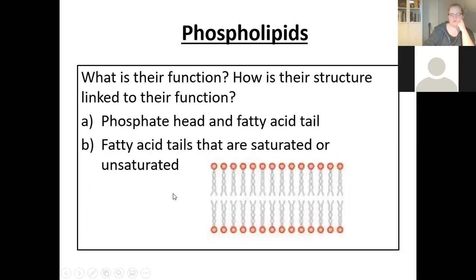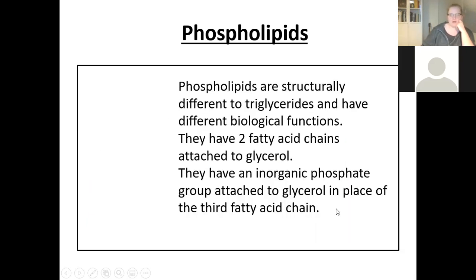So they are sometimes drawn as we've got our glycerol, and this is really badly drawn. We've got a fatty acid coming off, a fatty acid coming off, and then we have a phosphate group here. My pen has broken, so we've got my dodgy drawing instead. So they have this inorganic phosphate group attached to them in place.